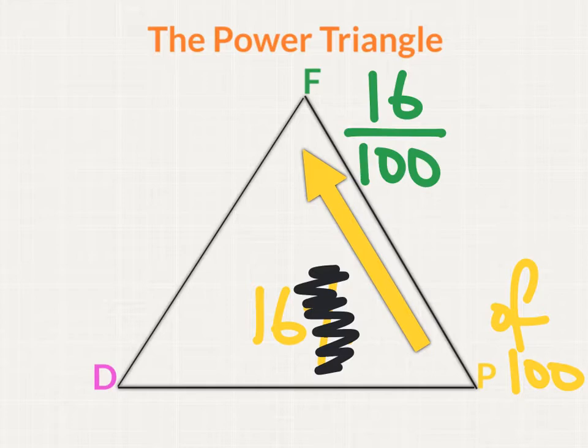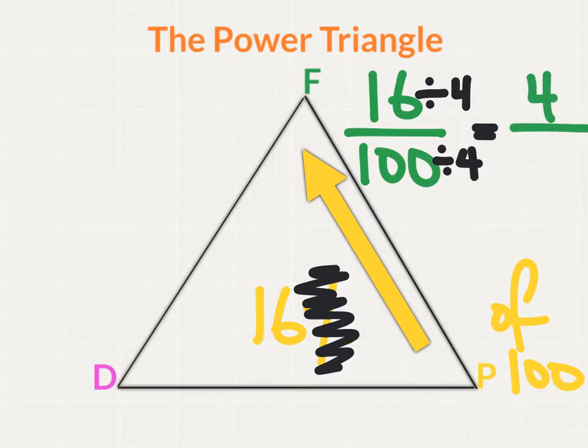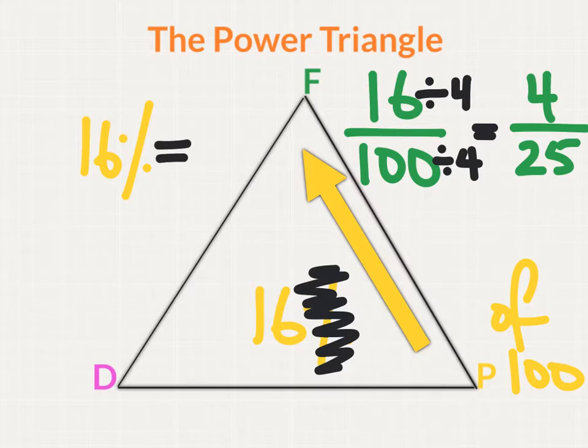Now, I should recognize that I can simplify 16 over 100. In fact, 16 and 100 share a greatest common factor of 4. So that if I divide my numerator and denominator by 4, I get a simplified or reduced fraction of 4 over 25. So that I know 16% is equivalent or the same value as 4 over 25.